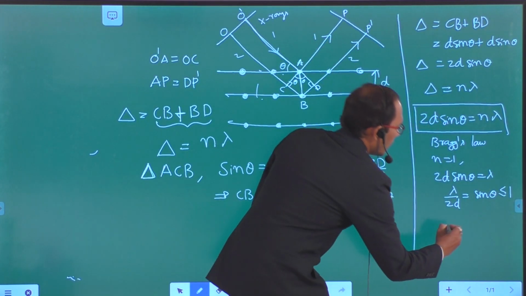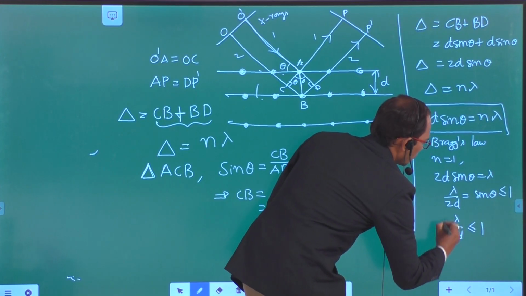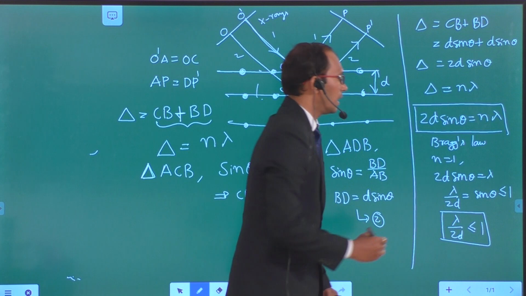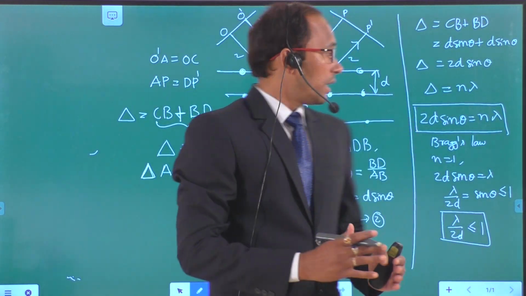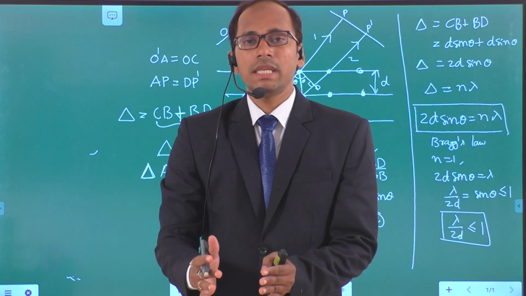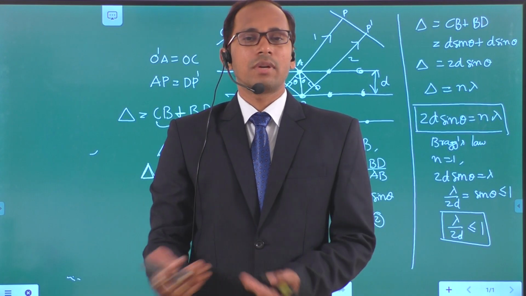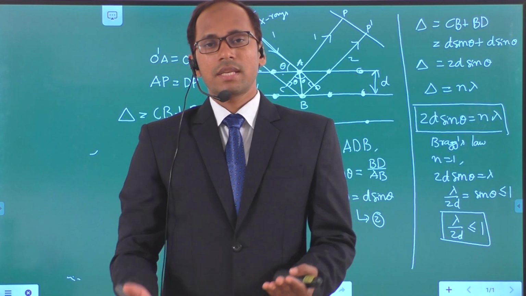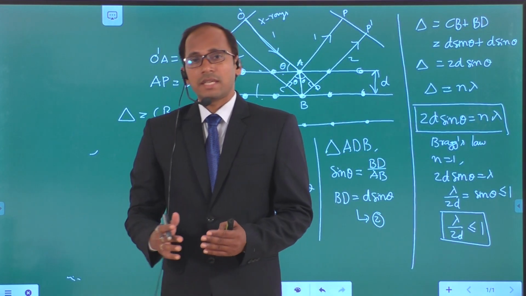That means lambda by 2d should be less than or equal to 1. This is the limiting condition of Bragg's law. Lambda should be less than or equal to 2d, then only diffraction will take place. If lambda is greater than 2d, there is no diffraction. That is the condition for Bragg's law.